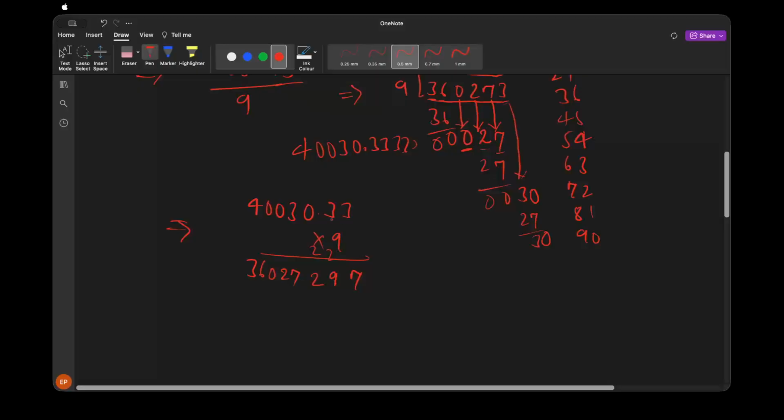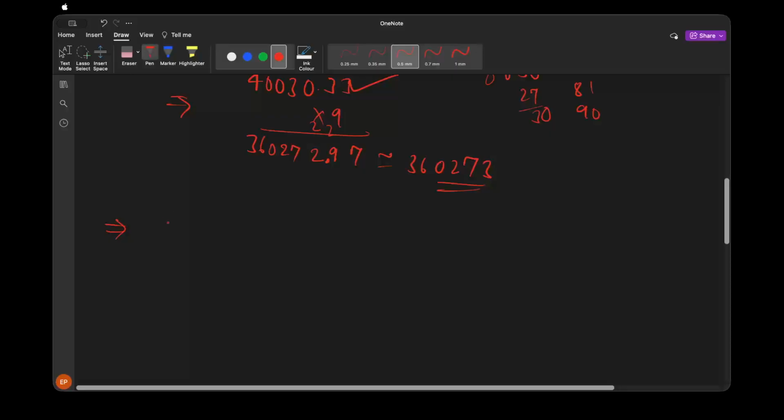How many places are there after the decimal point? 2, right? I am putting 2. Okay. 360272.97 means approximately it is equal to 360273. Right? We are getting the value, which means our answer is correct. We can cross check like this also.